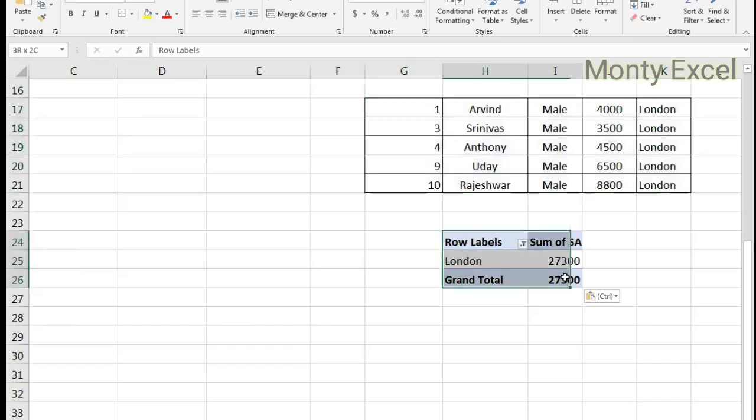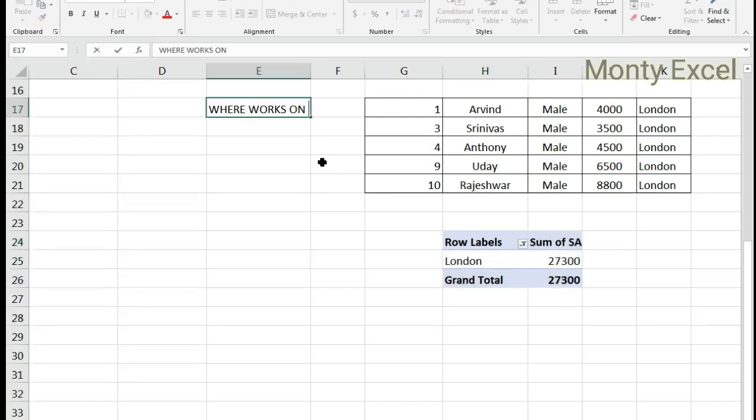This is also like a where condition using London, but I used a clause called having after the grouping. So where works on the data, having also works on the data, but after group by.